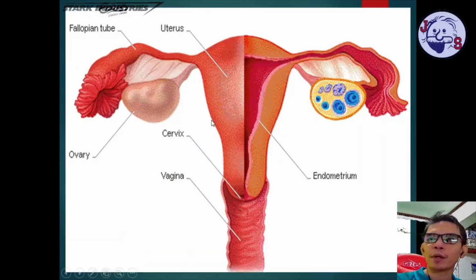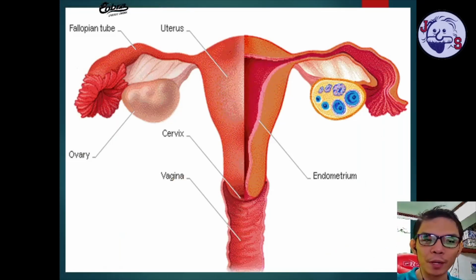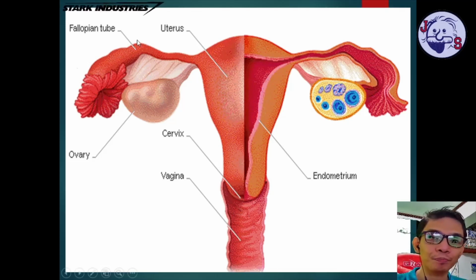Now, if you want the complete version of the female reproductive system, here it is. What we have right here is the ovary, and attached to it is the fallopian tube.